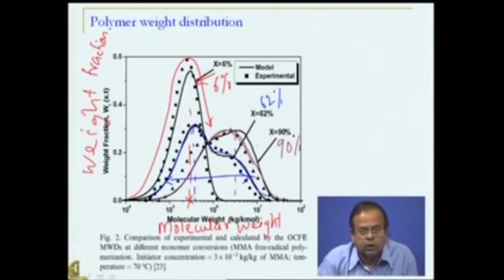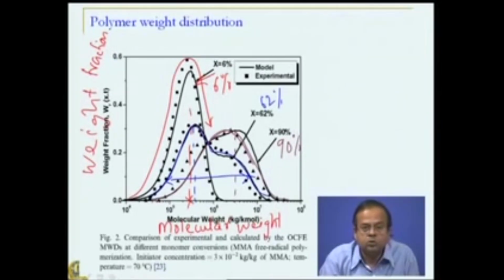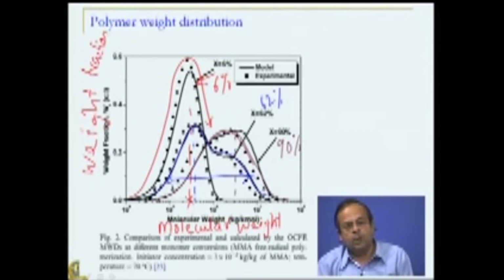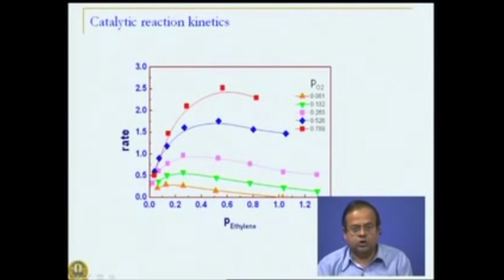So, as time progresses, there is a distribution, but that distribution keeps changing. One would like to know how to determine how this distribution changes, and it of course depends on the kinetics of the process.